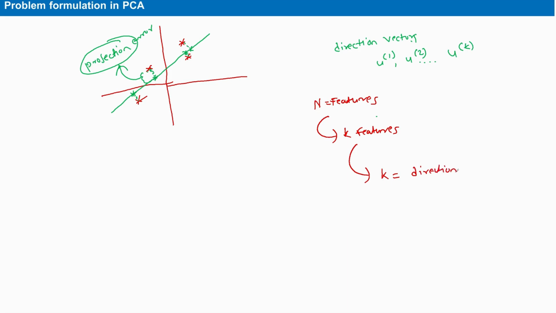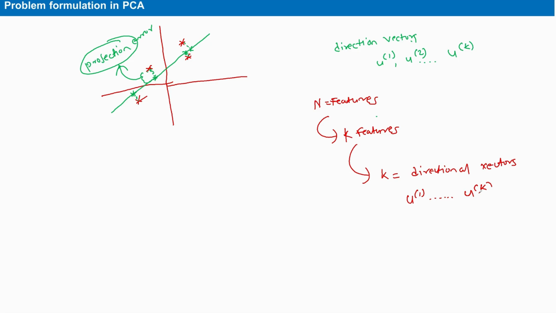Then only we are able to reduce the dimension from n to k. So this is the simple intuition behind principal component analysis.